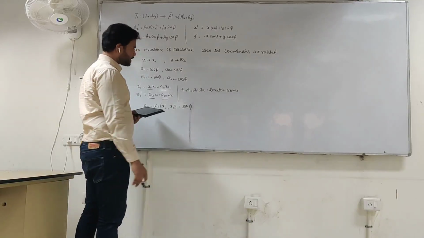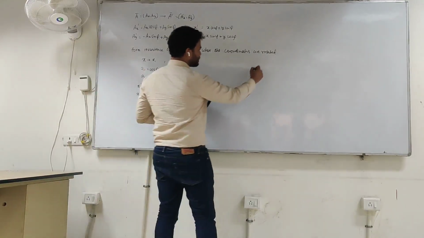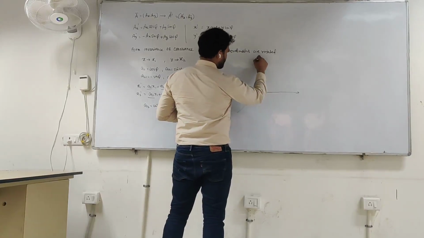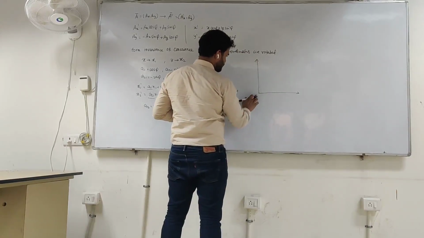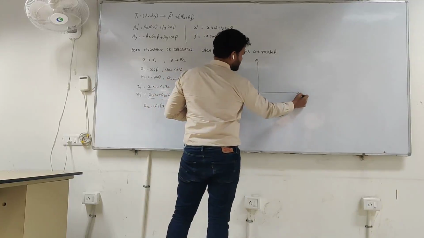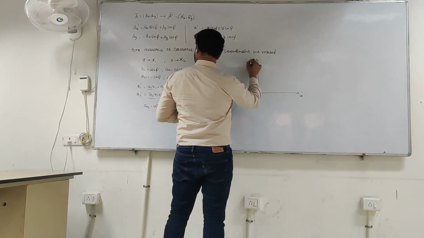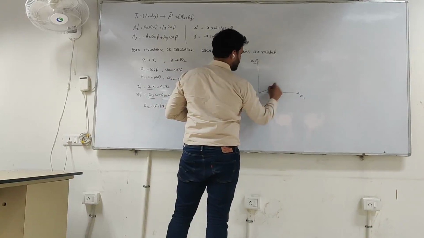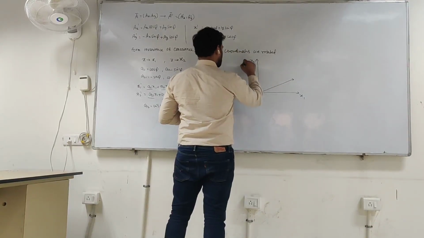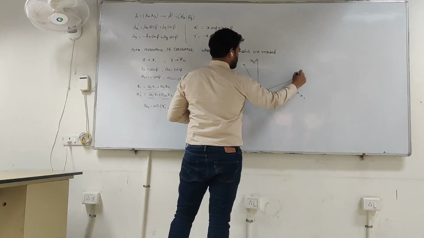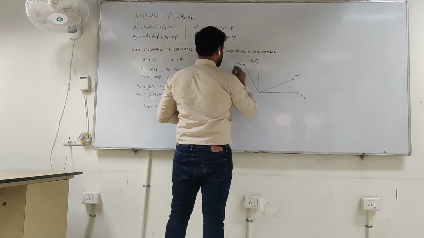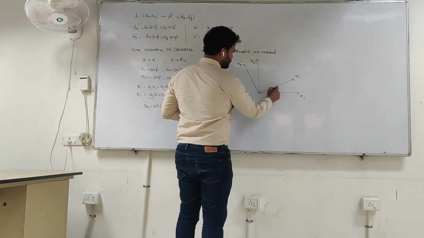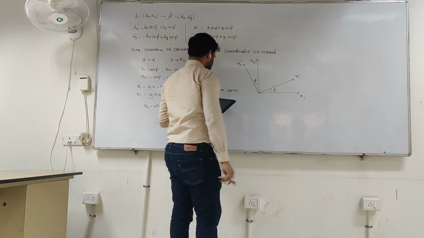Remember, while considering this, we have a coordinate system x1, x2, which is rotated to give x1 prime and x2 prime, rotated by this angle.